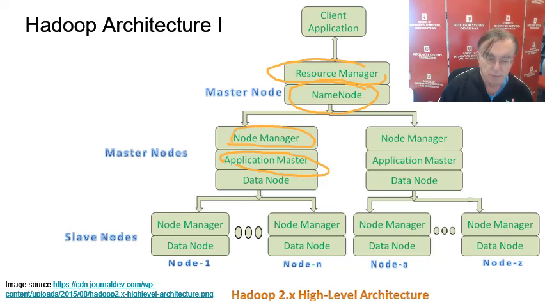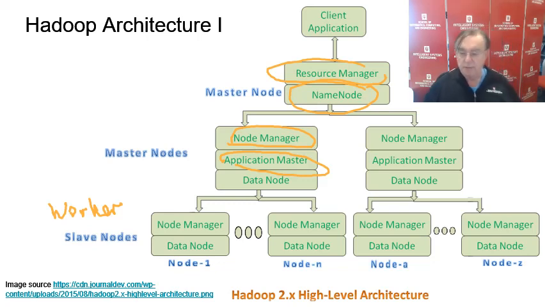And then this uses the word slave. I prefer the term worker. This is a master worker framework, not a dictator slave framework. And then every node has its own manager, and they're done in parallel with these capabilities up here. This is in Hadoop 2 and 3.